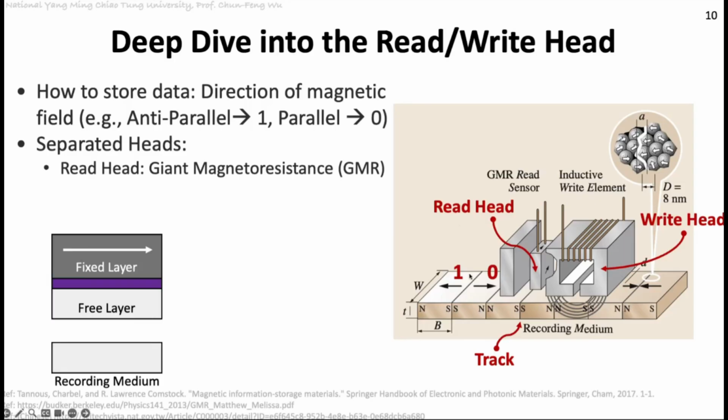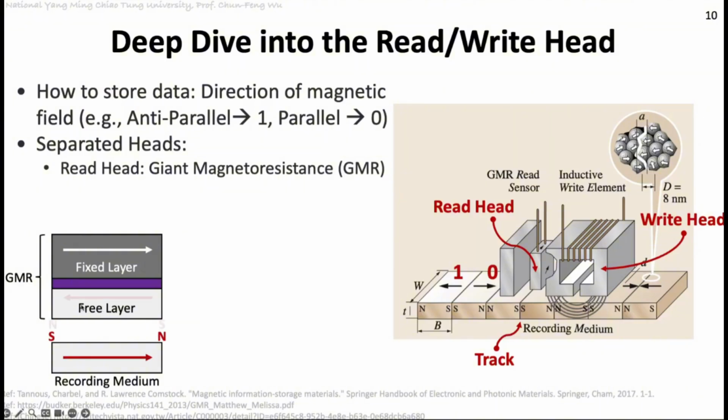So you can think about this one as the recorded medium. When we are going to read the data, for example, if the recorded medium here is this direction, so this is the N direction, this is the S direction. So this is the magnetic field direction, right? Because the direction is like this, when the GMR goes through the recorded medium, this magnetic field will be sensed by the free layer.